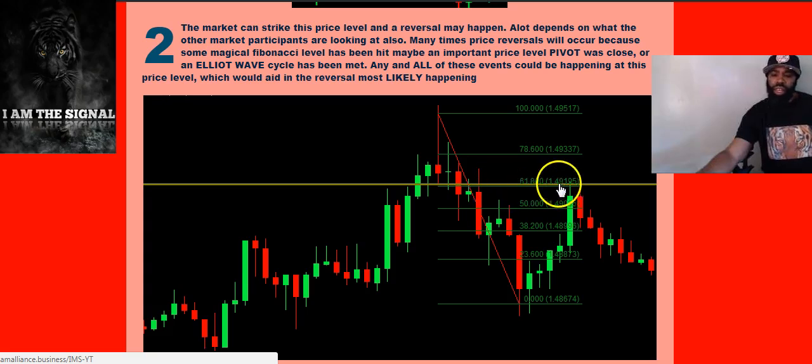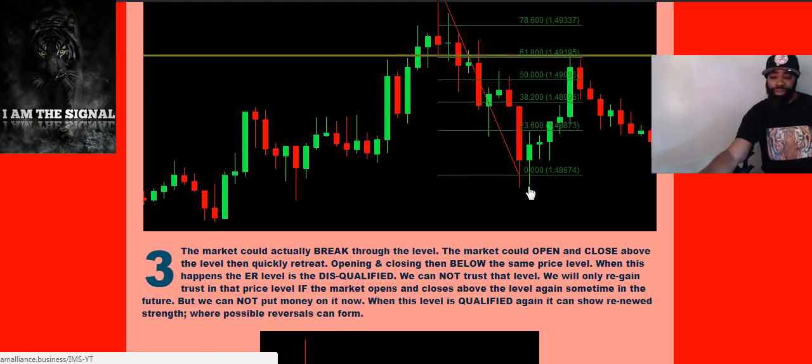A Fibonacci number could be here. A pivot level could be here. Right? It could be all those type of magical numbers that people use right at that level also. And because of the confluence of events at that period of time, reversal will most likely happen if there is a confluence of events, as that is.